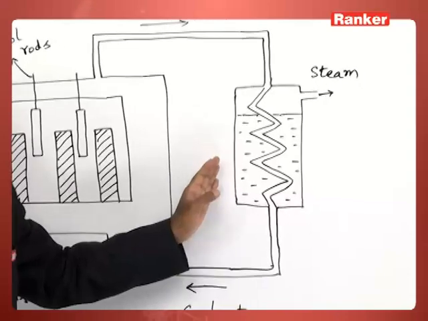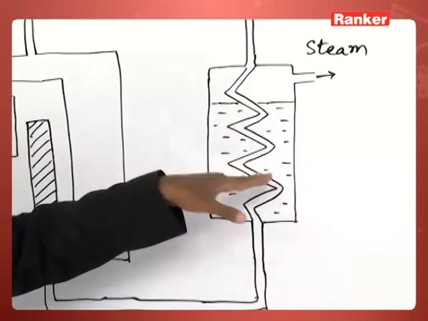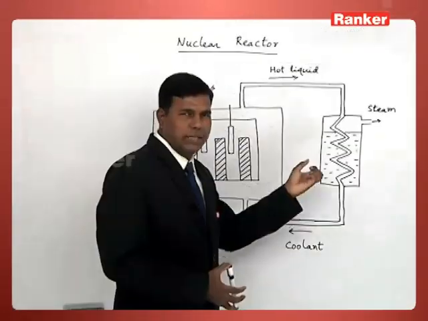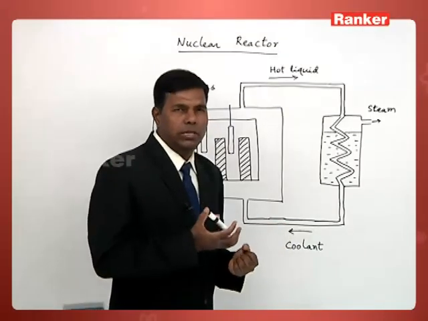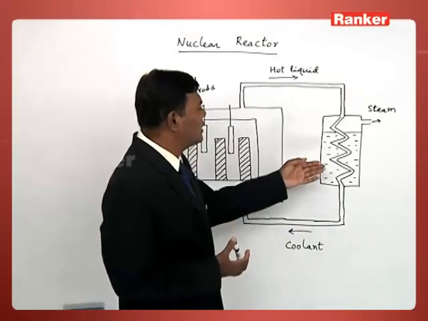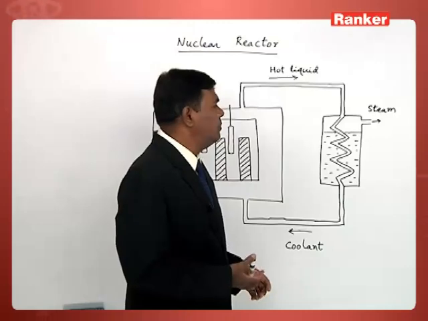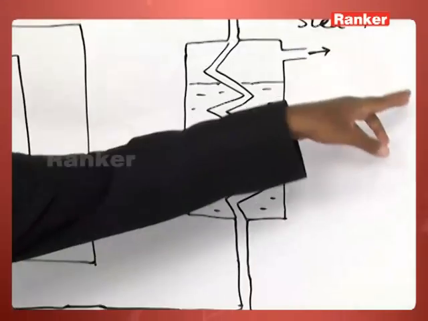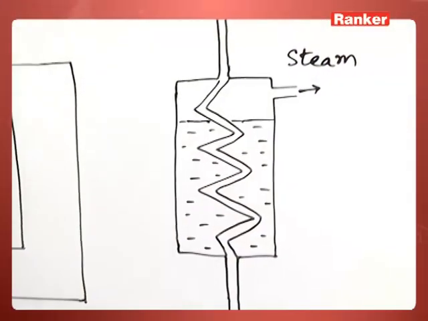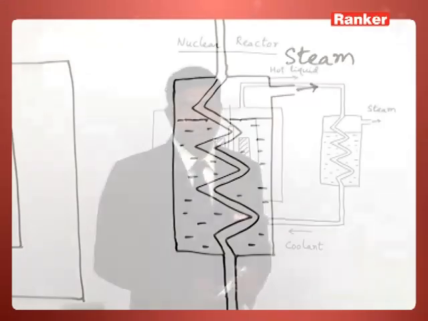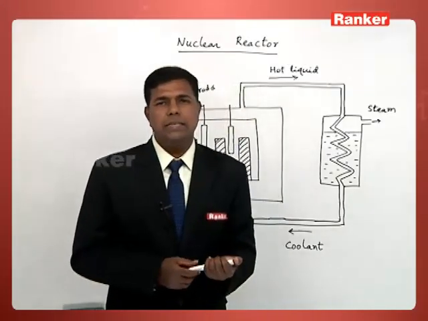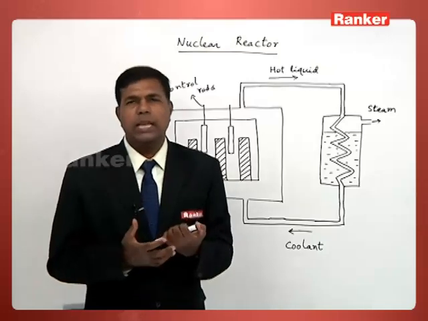Here heat is exchanged from the hot liquid to the water. The temperature of the water becomes very high, and it is converted into steam. That steam is used to run a turbine, and you can produce electric power continuously. That is how a nuclear reactor can be used to produce electric power.